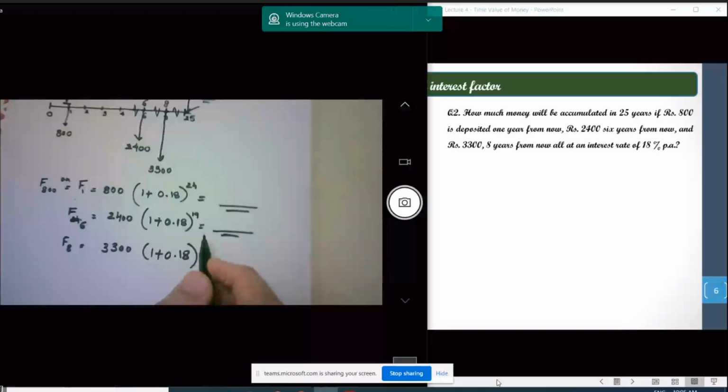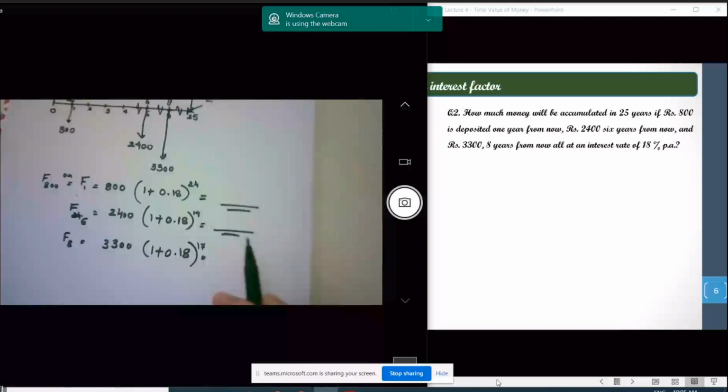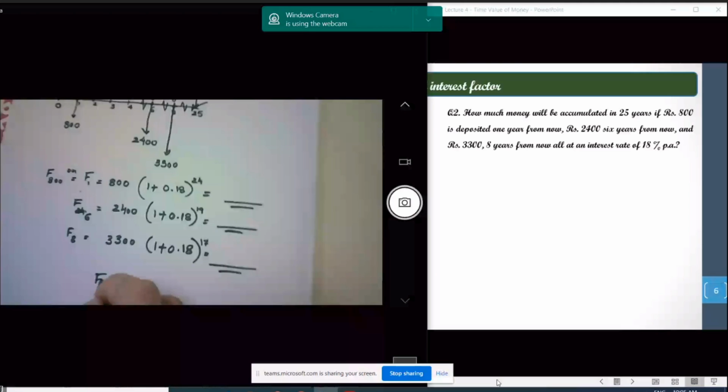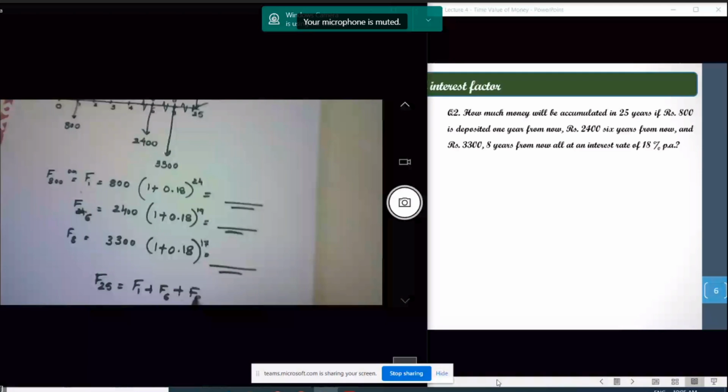You will get some value here. Now F25 is the sum of your F1 plus F6 plus F8. So this total value will give me the value of this cash flow.